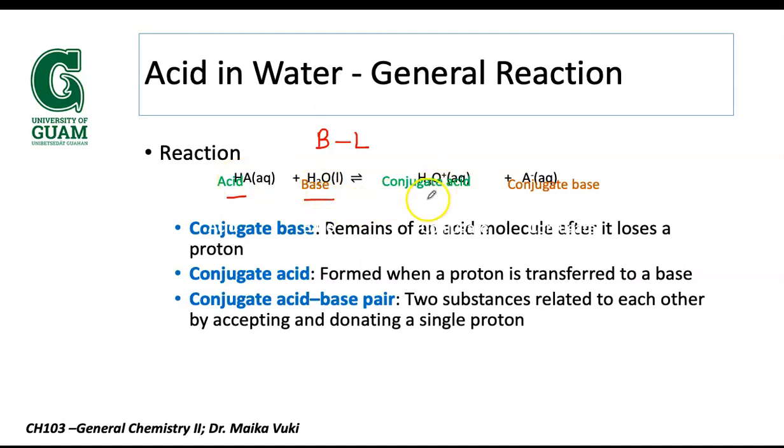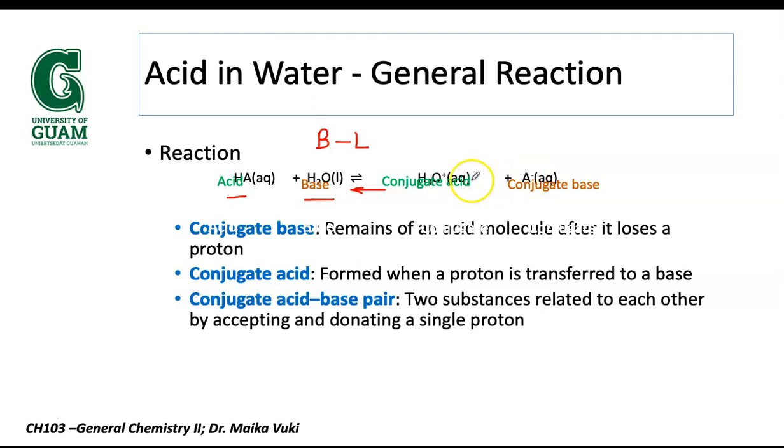So here is the new species, hydronium ion. The hydronium ion is actually a species which is an acid. How do you know it's an acid? Imagine the reaction going in this direction, the reverse direction. You'll find that this is going to be donating a proton, and this will be receiving, or accepting, a proton.